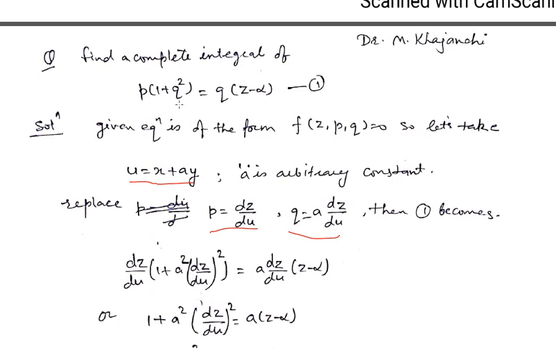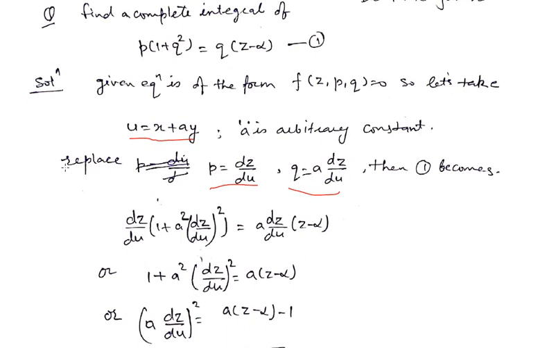So putting the values of p and q in the given equation, we become dz/du (1 + a² (dz/du)²) = a dz/du (z − α). In place of p we will put dz/du, and in place of q we will put a dz/du, where a is an arbitrary constant.